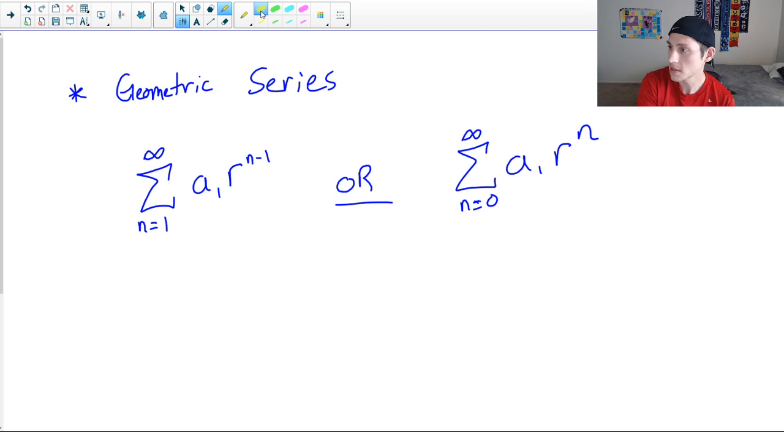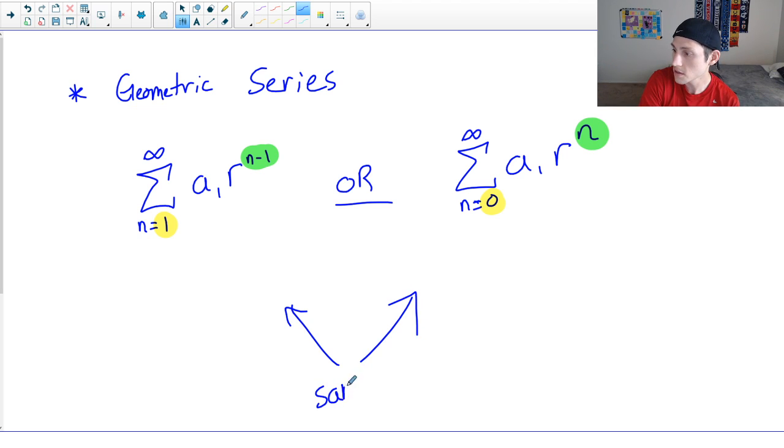A couple key differences here. This one starts at 1, this one starts at 0. This one has n minus 1 as the exponent, this one just has n as the exponent. These series still represent the same thing. They are still the same. It's just a different way of writing it.